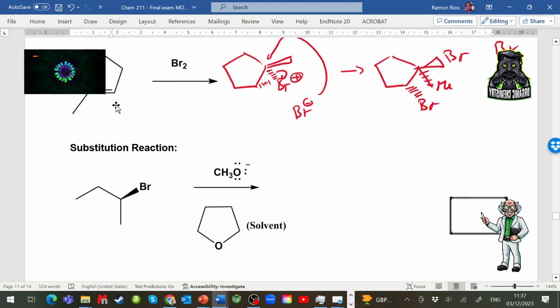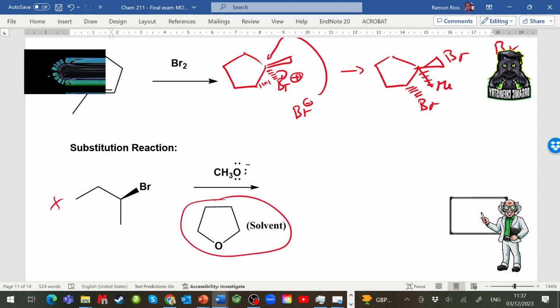One, we have a substitution reaction. Here we have this compound. Okay? It's a secondary electrophile. That means that we can suppose that it can be SN1 or SN2. However, if we check, the solvent is polar aprotic. That means this indicates that it will probably be an SN2 reaction.